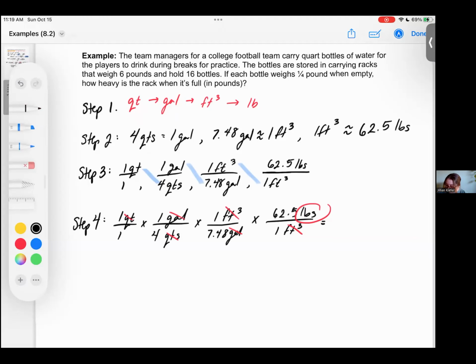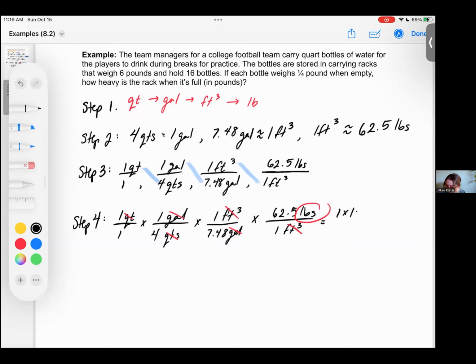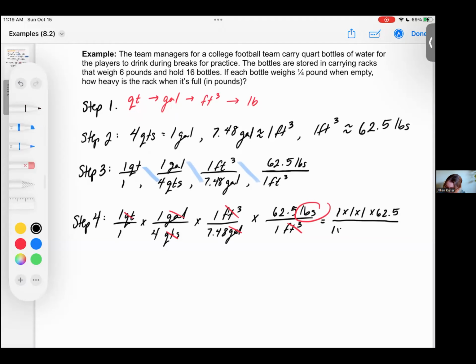In our numerator, we're going to have 1 times 1 times 1 times 62.5. So that one should be pretty clear. Then in the denominator, we have 1 times 4 times 7.48 times 1. And remember, this is going to be in pounds.